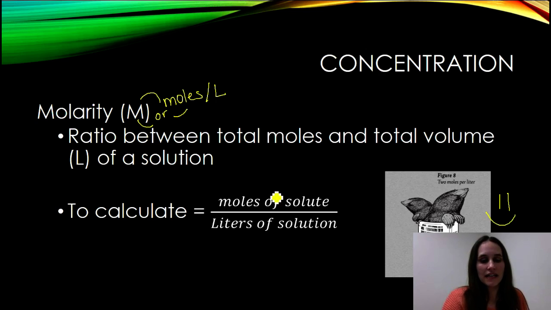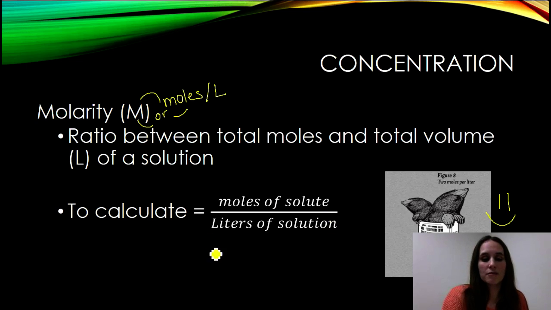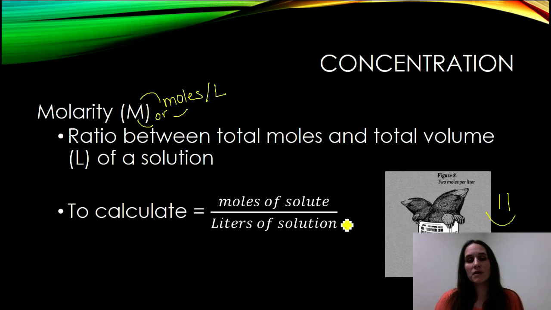And to calculate it, we would take the total number of moles of the solute, the particles that we've dissolved in the Crystal Light, the table salt, the ethanol, and we would divide it by the total liters of the solution. Like how much do we have on a whole? And it's going to give us a comparison. So notice conceptually how similar this is to the concept of density, except in this case we're talking about the number of particles. And we see this line and we hear this per, and that should tell you anytime that we could use this as a conversion factor.